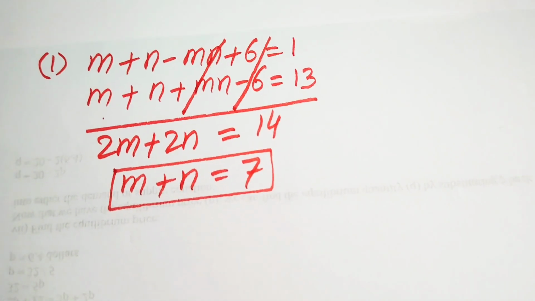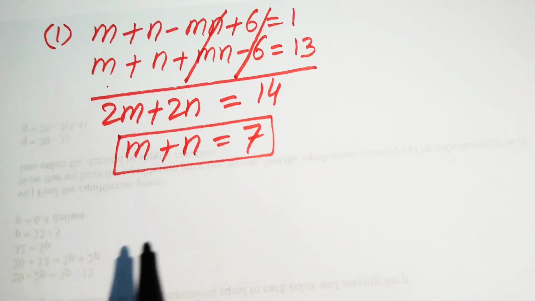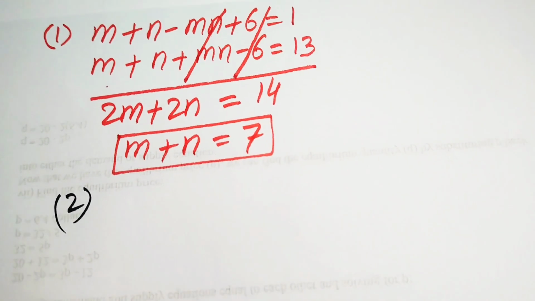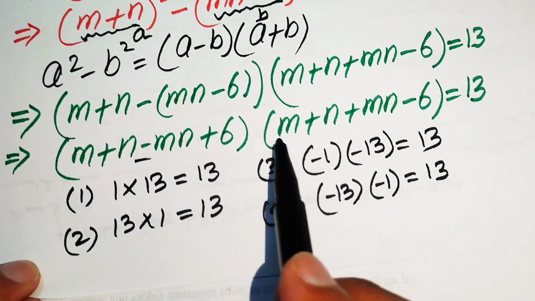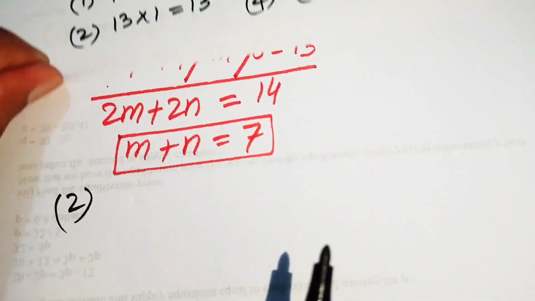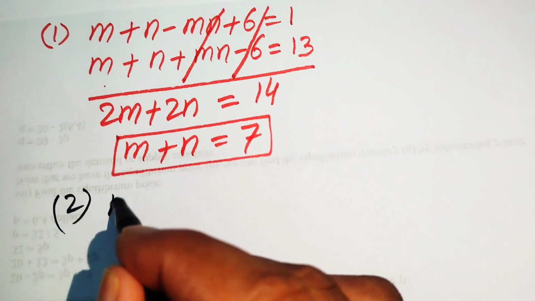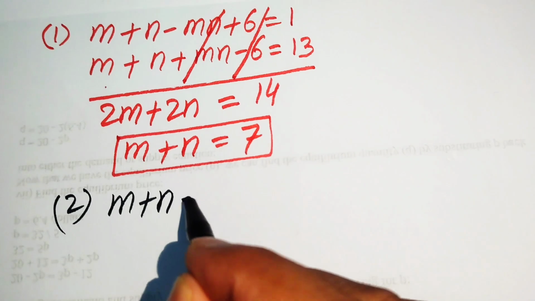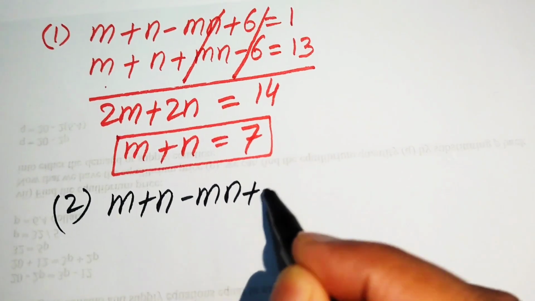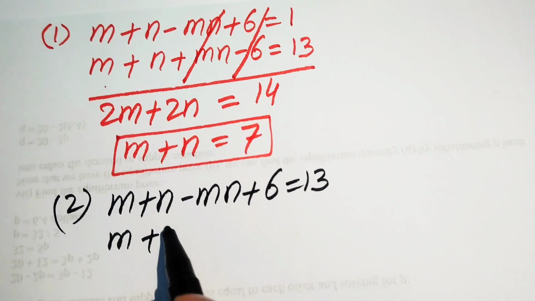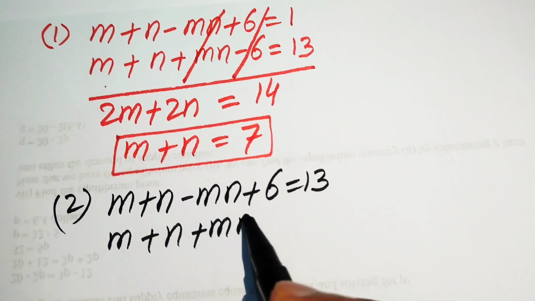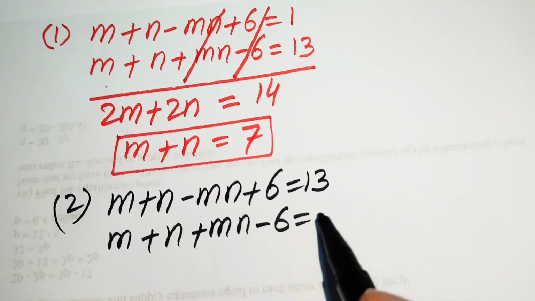And now again we move towards our case number 2. So you see that this is our case number 2, and now we compare these two values, and here we get m plus n minus mn plus 6 equals 13, and m plus n plus mn minus 6 equals 1.